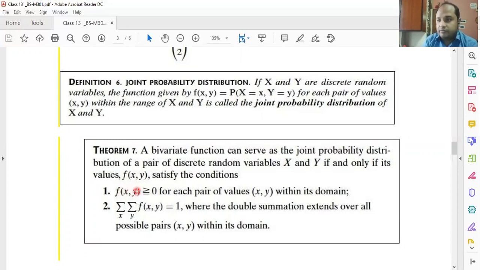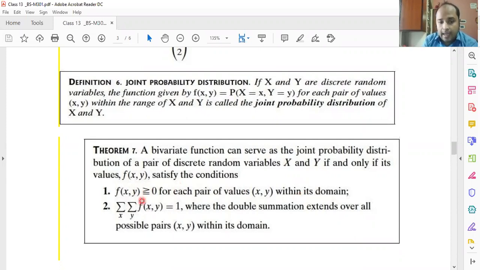Both x and y are variables here. Yesterday I told you that when I write f of x comma theta, theta is constant, so that is not a function of two variables. Here, none of these inputs are constant. All of them are variables. This represents joint probability, and that must be non-negative for each possible pair of values x, y within its possible domain.